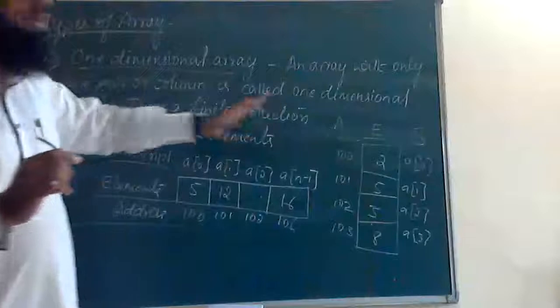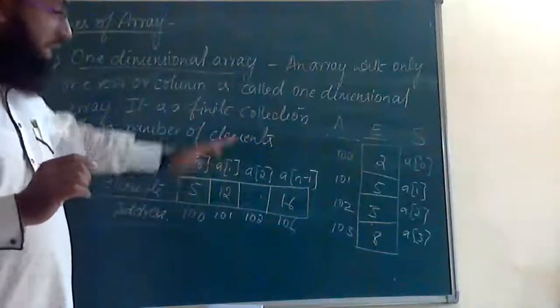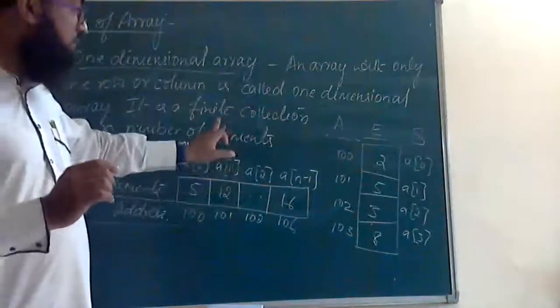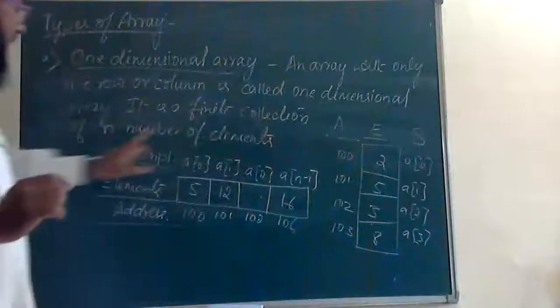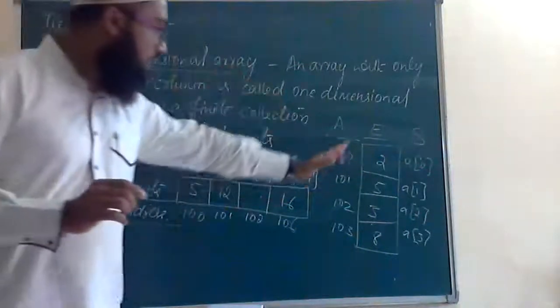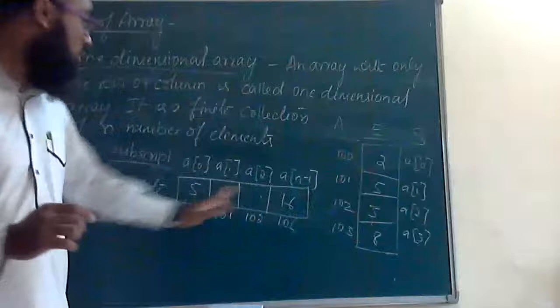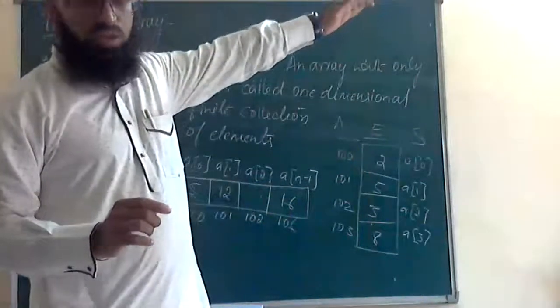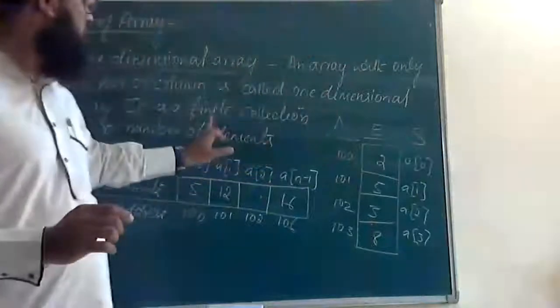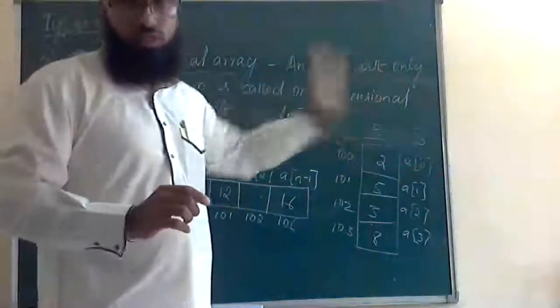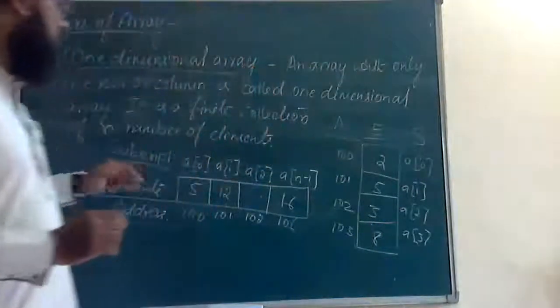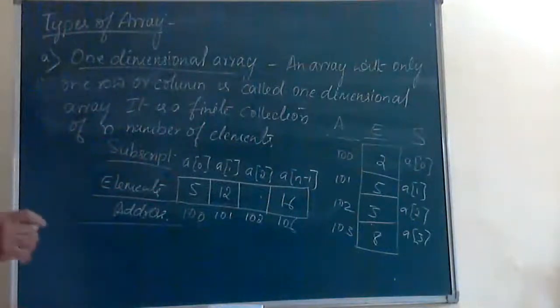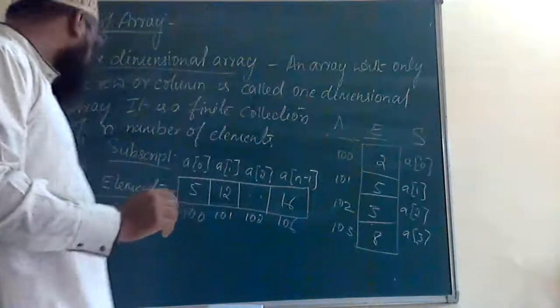Finite means we are able to count them and find them out. N number means any number. Here there are 4 numbers, here also 4 numbers, like that. But it should be a finite collection. That type of array we can call a one-dimensional array.